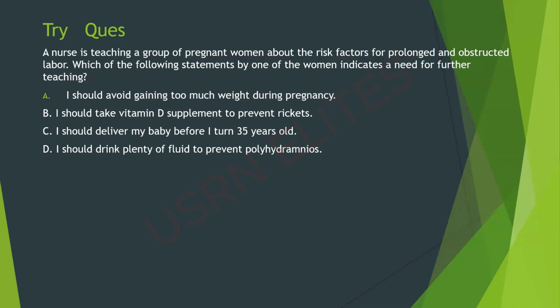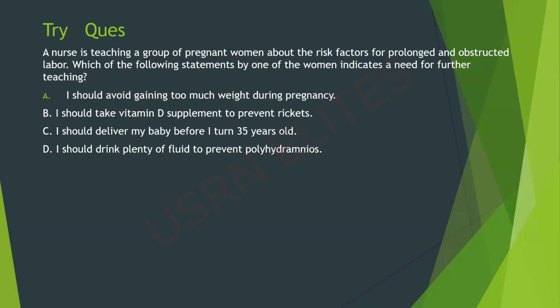You see, sometimes the questions are so simple. Okay, look at it. We are saying A because we think that gaining weight in pregnancy will not cause prolonged or obstructed labor. Is that it? Gaining weight has nothing to do with obstructed or prolonged labor. Is that so?